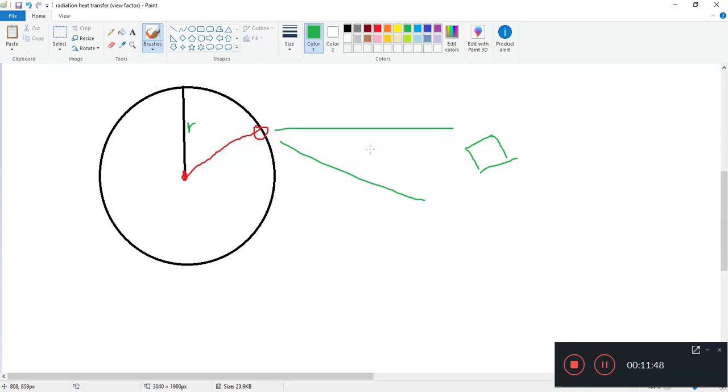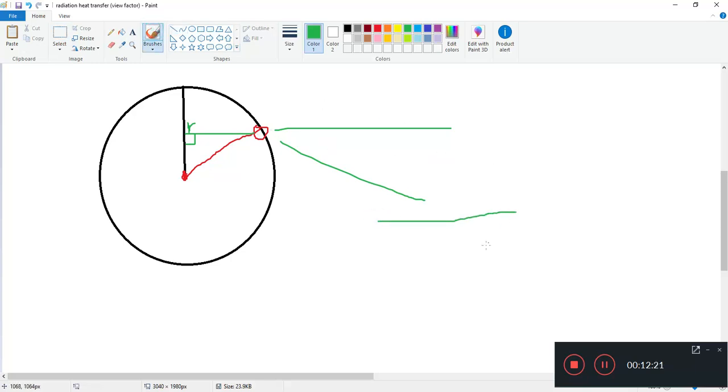We'll draw this right angle triangle here and consider this little square. Let me try and draw it a bit nicer.